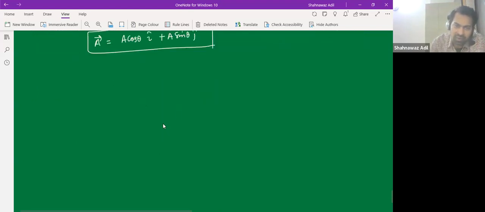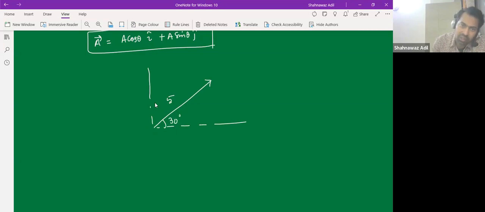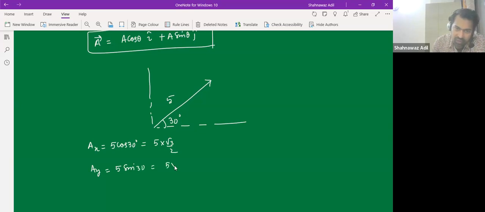Let's say I have a vector whose magnitude is 5, and it is making an angle of 30 degrees with the horizontal. What would be the vector? Its x component would be 5 cos 30, which is 5 root 3 by 2. Its y component is 5 sin 30, which is 5 times 1 by 2, so 5 by 2.